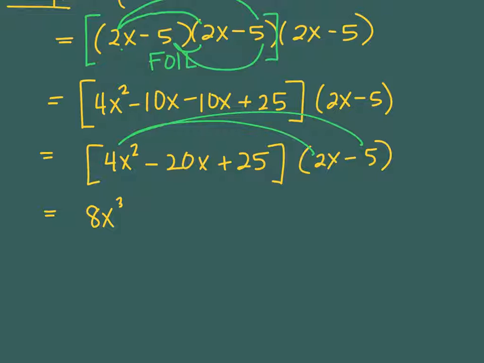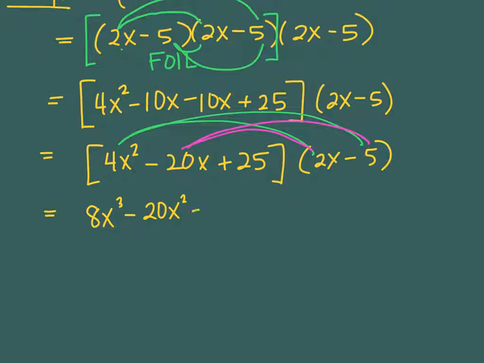And then 4x squared all the way to the negative 5 will give me negative 20x squared. The next part of superFOIL is going to be to take the negative 20x and do it to both terms.